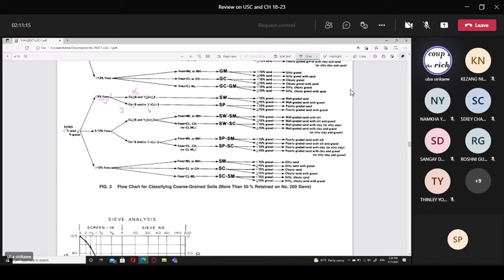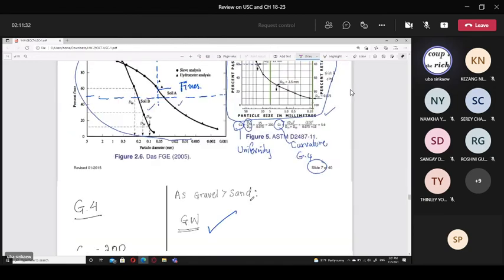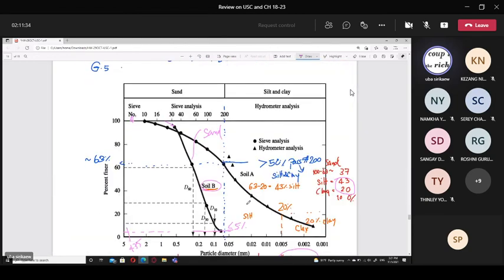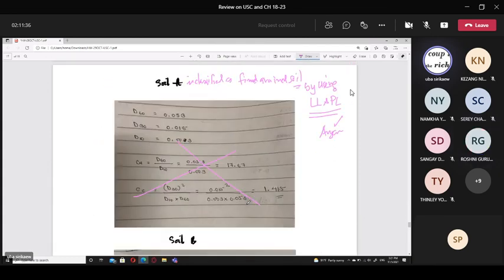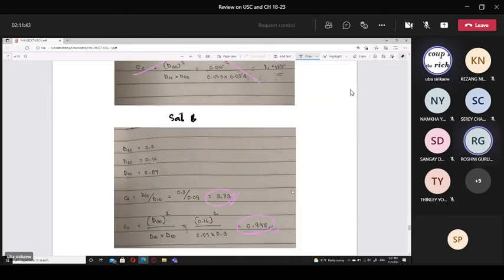You got CC only 0.9, then it is SP, poorly graded sand. Then the answer for group 5 should be, Rosie, what? Poorly graded sand.